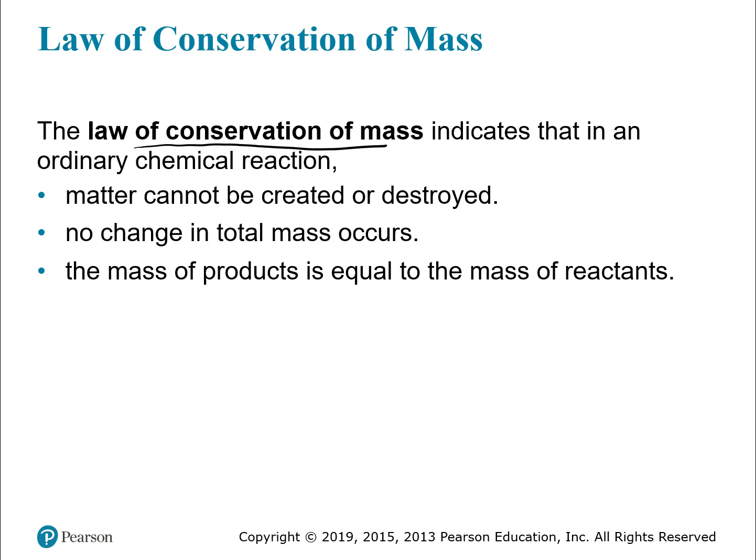The same matter that existed as reactants is just rearranged to form the products. No change in the total mass occurs either. So the mass of the products is equal to the mass of the reactants. All of that makes sense if you think about what balancing a chemical equation really means.